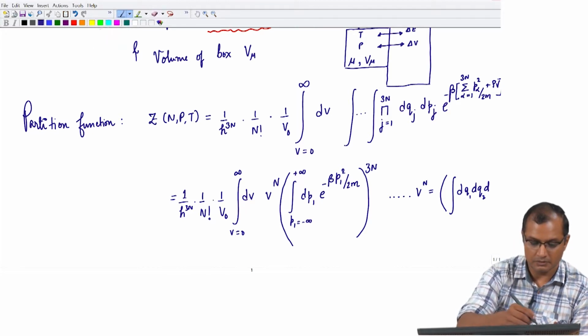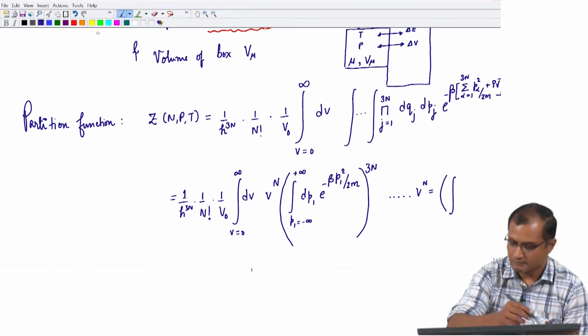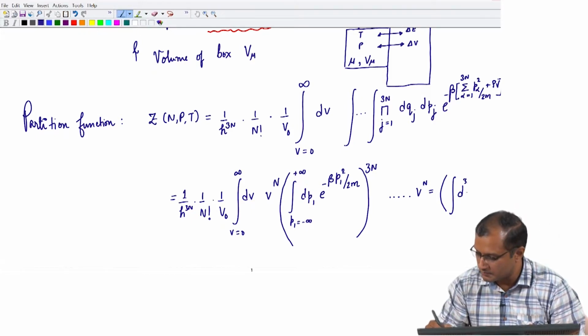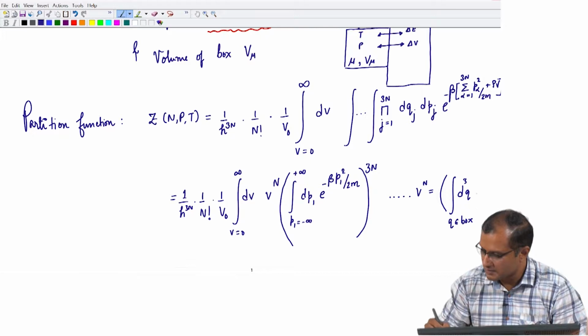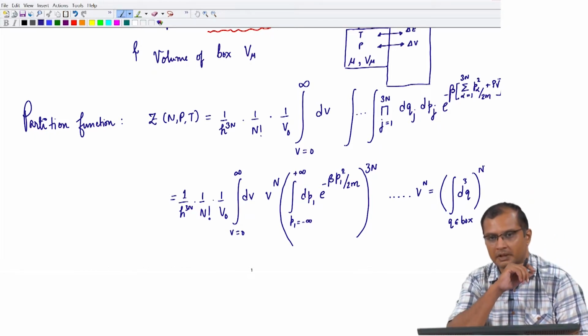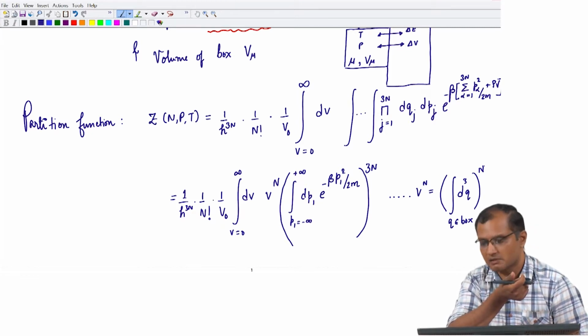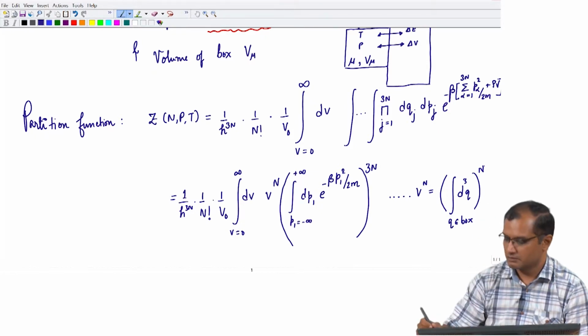So, it is better that I write it as just integral d cube q, where q belongs to the box, whole to the power n. Okay. So, a single particle's volume integral over d cube q, which is d cube q1, d cube q2 and d cube q3, is just volume V, and there are n such integrals. So, this is just V raised to n. Okay.